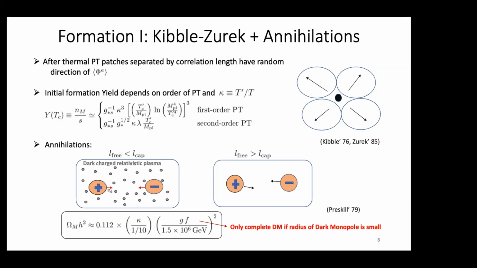As I mentioned earlier, the size of the monopole is just the inverse of the W gauge boson mass. So for the dark monopole to be the dark matter, you need a really small size. This is of course not what we want. We want big size monopoles, so you have to think of some other way of formation.